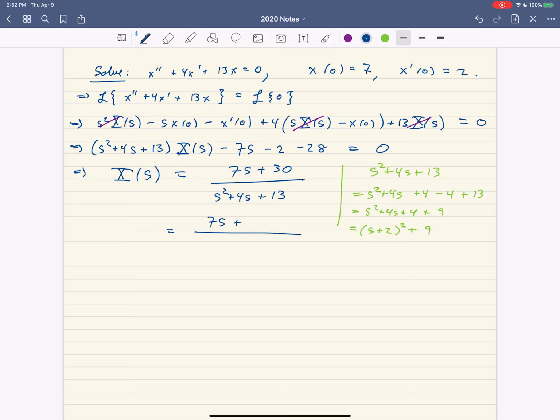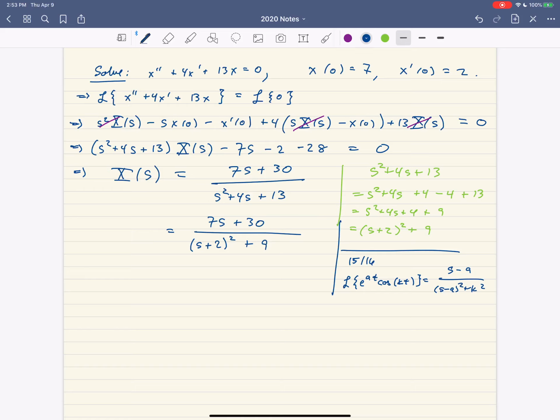So we have 7s plus 30 over the quantity s plus 2 squared plus 9. Now, if I had an s plus 2 in the numerator, this would be very nice. If we look at our table of Laplace transforms, this kind of looks like rules number 15 and 16, which say that the Laplace transform of e to the at cosine of kt is s minus a over s minus a squared plus k squared.